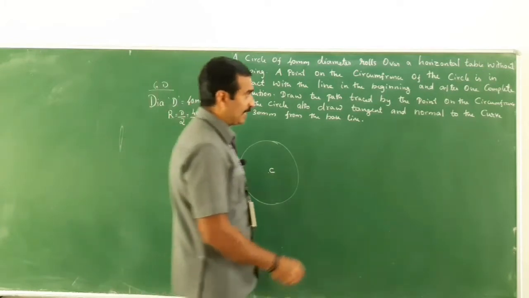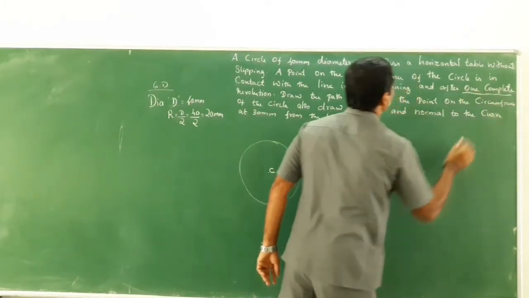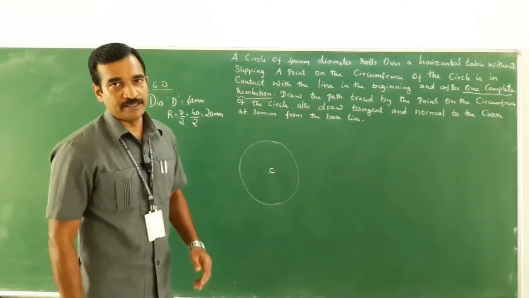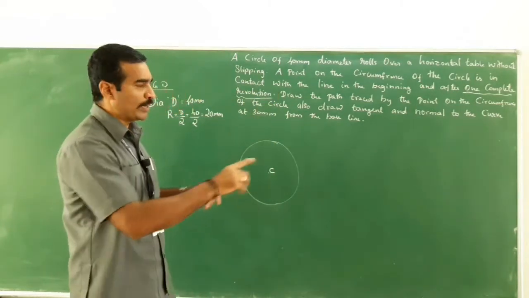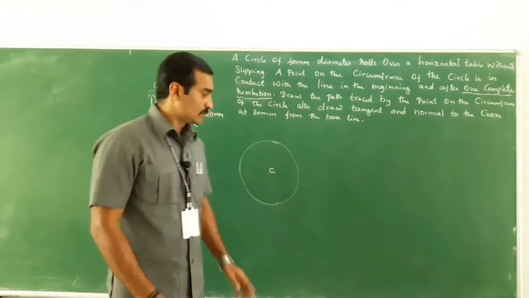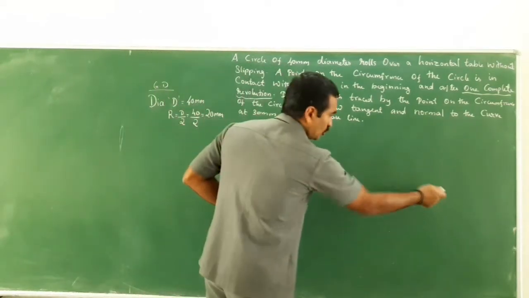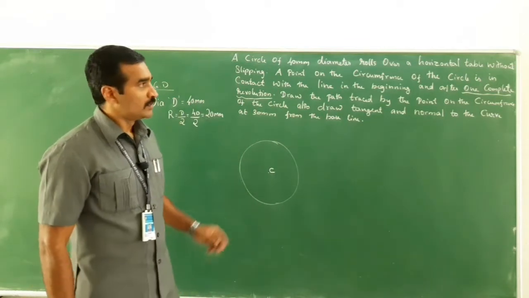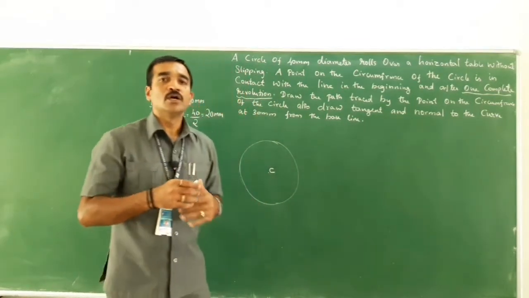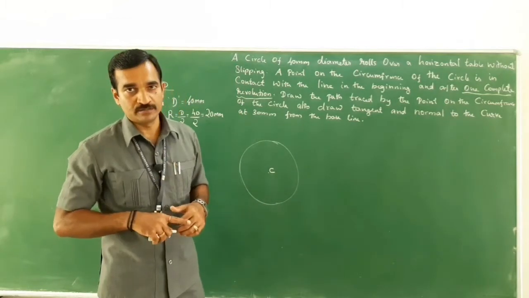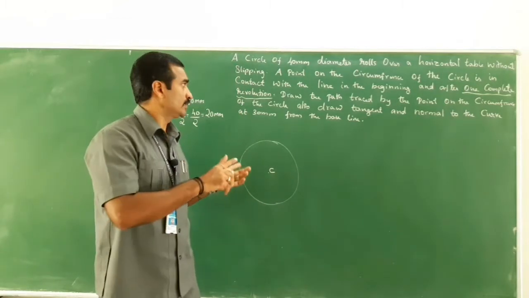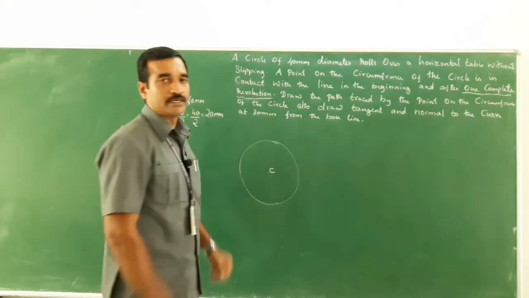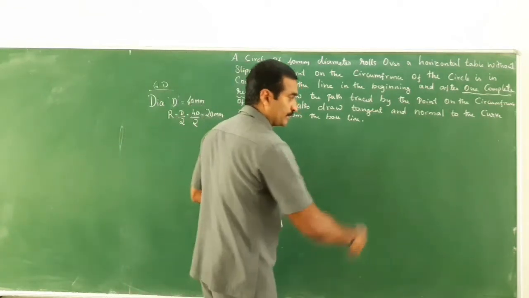Now, for this rolling circle or generating circle to complete one full revolution, what would be the length?